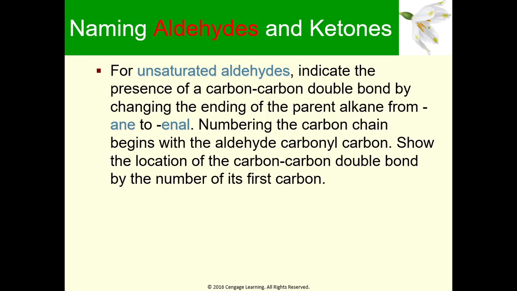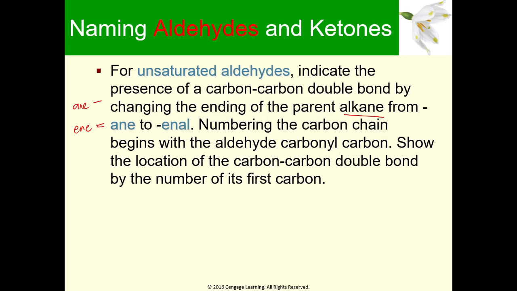For unsaturated aldehydes, you indicate the presence of carbon-carbon double bonds by changing the ending of the parent name alkane from ane to enal. The ending of our alkenes is always ene, right? Ane is a single bond, but once you have ene, it is a double bond.